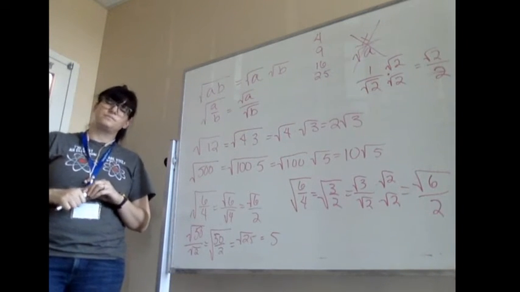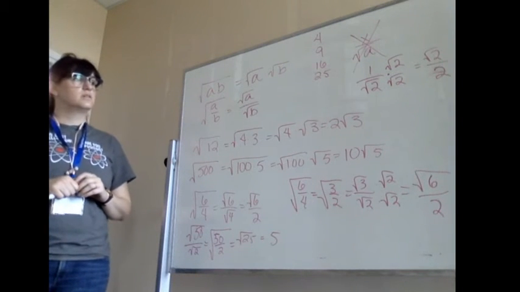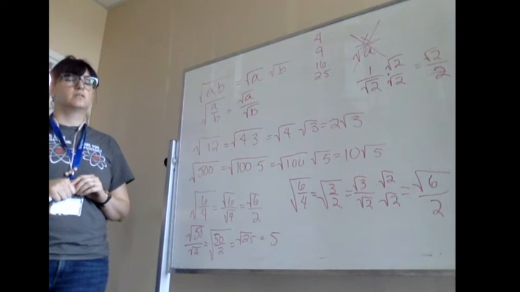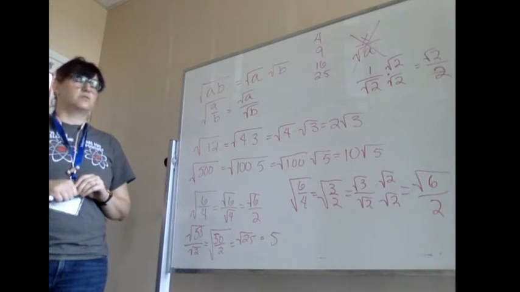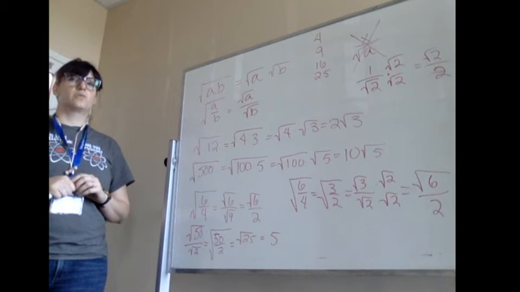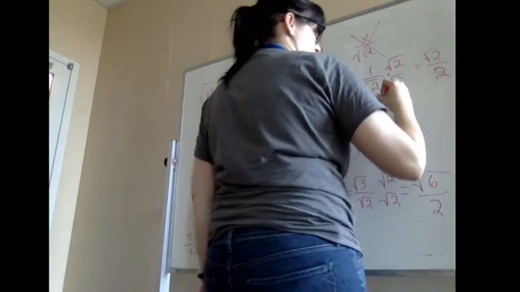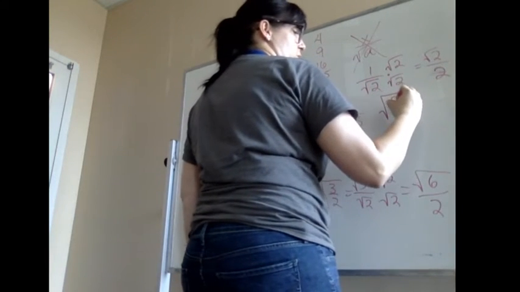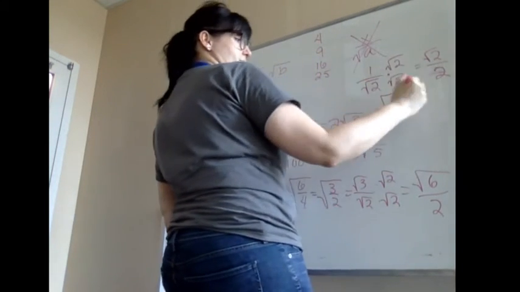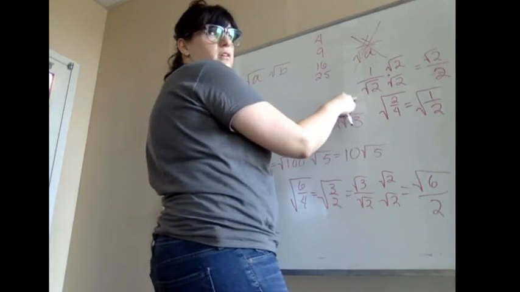In the other example with the square root of 2, could you just do the square root of 2 over the square root of 4 and then that equals half? It doesn't equal half. The square root of 2 over the square root of 4 is equal to the square root of 1 over 2. Because if you had the square root of 2 over 4, like from here, that would be equal to the square root of 1 over 2, which is back where we started.